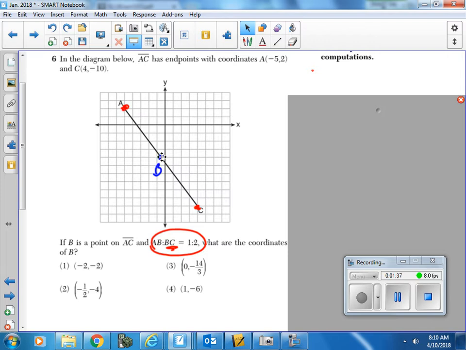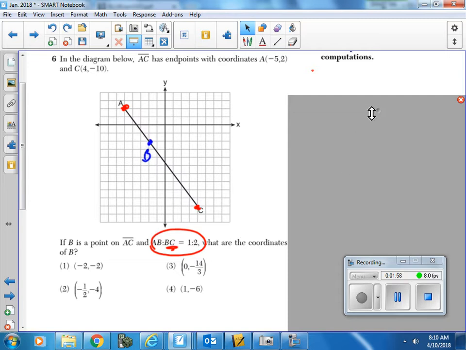No, I don't think so. What about if I kept moving it? No, that's actually going in the wrong direction. So it's probably somewhere up here. It's got to be closer to A in order for AB to BC to be a 1 to 2 ratio.